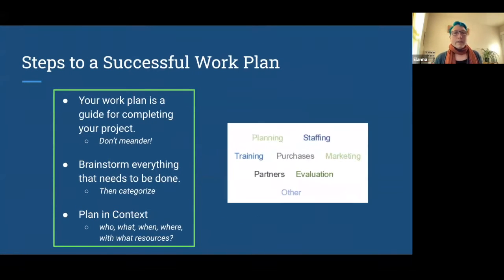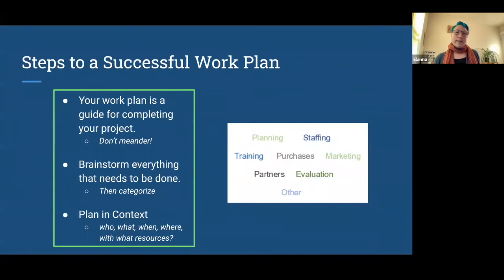So, steps to a successful work plan. Your work plan is a guide for completing your project. So don't meander through it. Brainstorm everything that needs to be done and then categorize. So again, that's where your logic model comes in, and your brainstorming sessions with your stakeholders and your organization, people directly involved with this project.